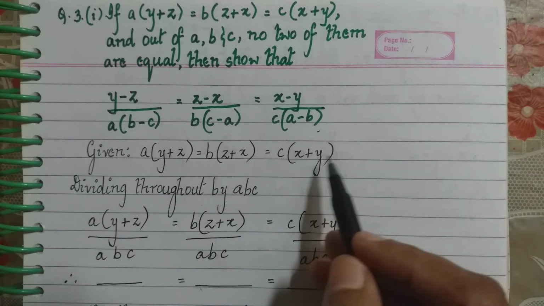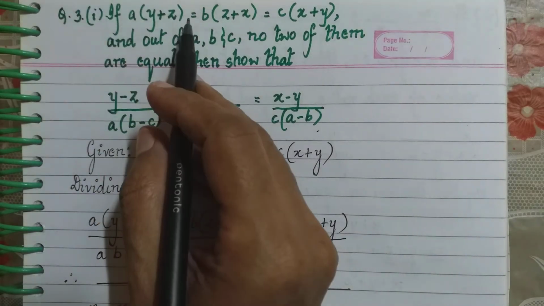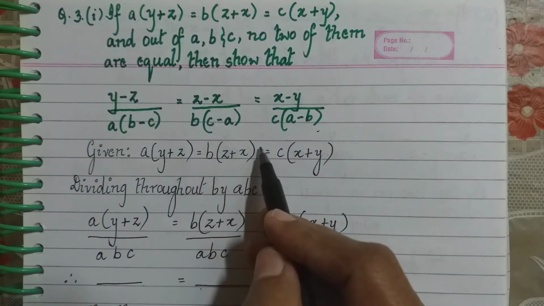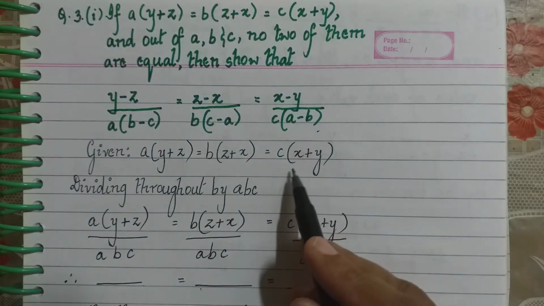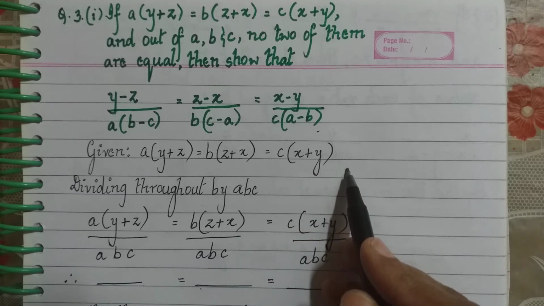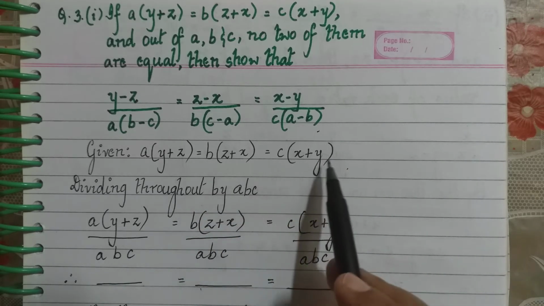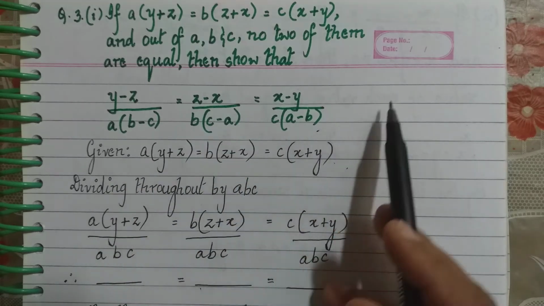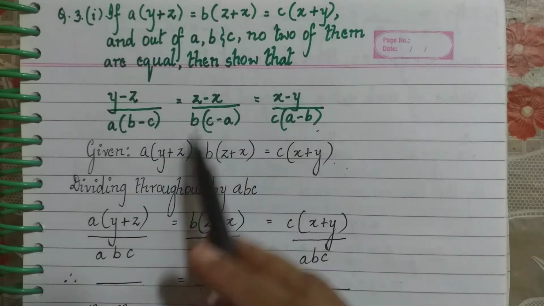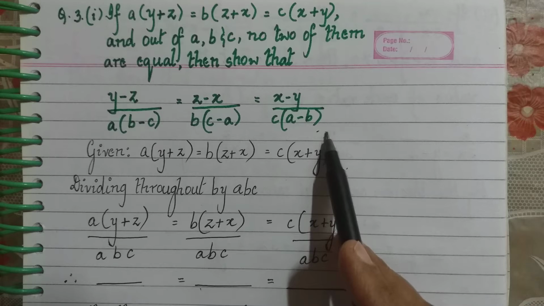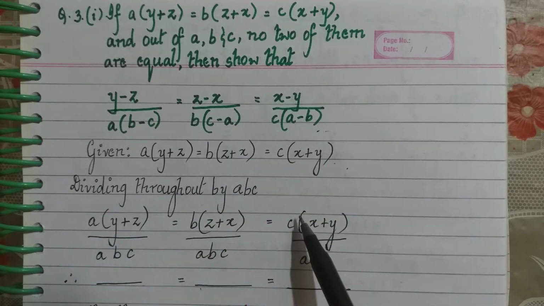Now first we write what is given, that is a(y + z) = b(z + x) = c(x + y). Once we write this, we always have to compare with what we are supposed to prove. We have to show that these are equal to each other.